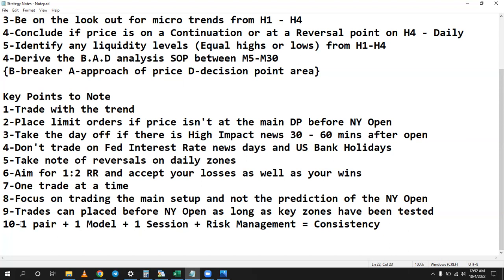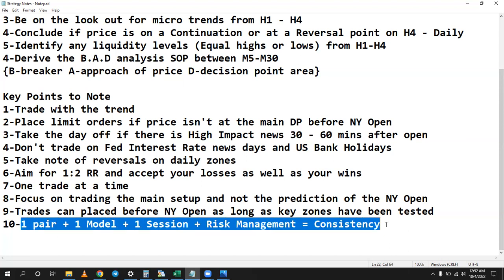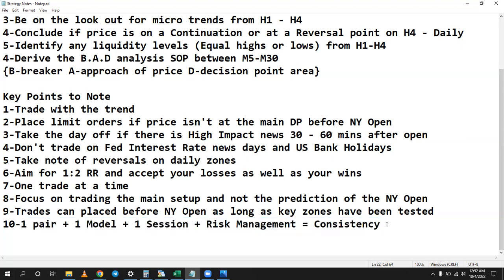So now this is just a formula which will give you consistency, right? So one pair, for this case, we're looking at Nasdaq, plus one model, which is the approach I've explained above there. Then plus one session, which is the New York Open.